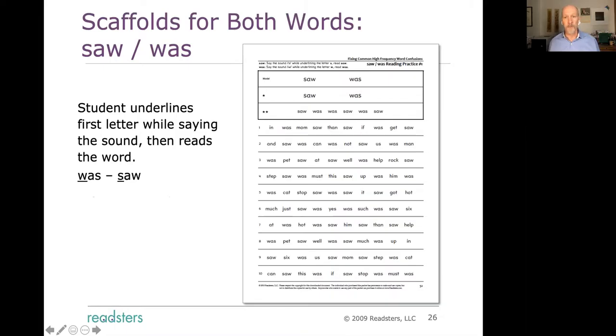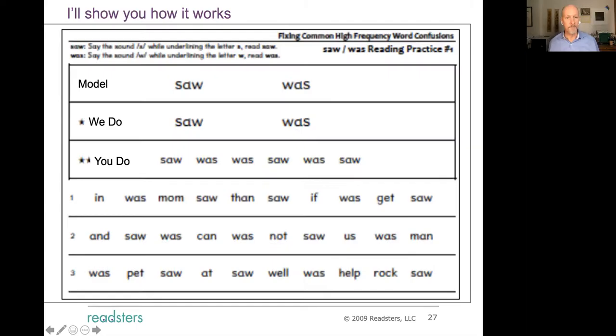So we teach the scaffolds, practice those, and then use practice rows with decodable or high frequency words. It's a mix, and they practice reading the words. So here's how it would work with saw was. S, saw, W, was.